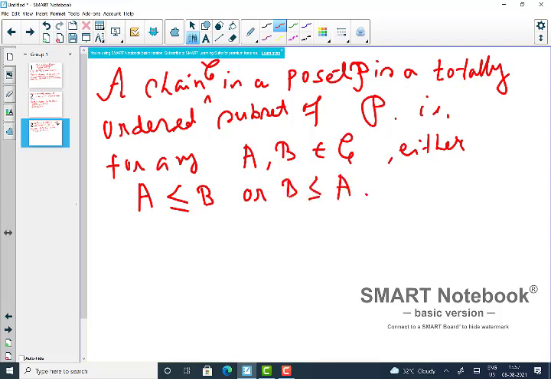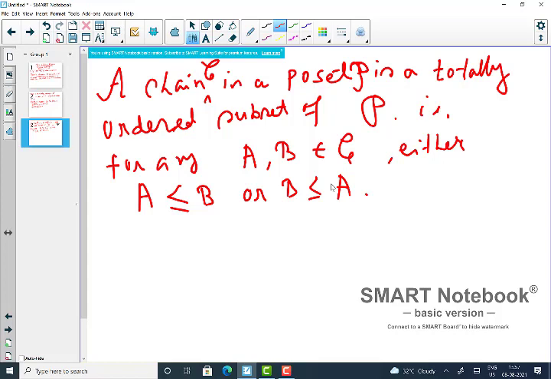So you can always compare any two elements of the chain. That's why it's called a totally ordered subset. But in general, in a partially ordered set, we may not be able to compare any two elements. Those subsets in which you can compare are called chains or totally ordered subsets.